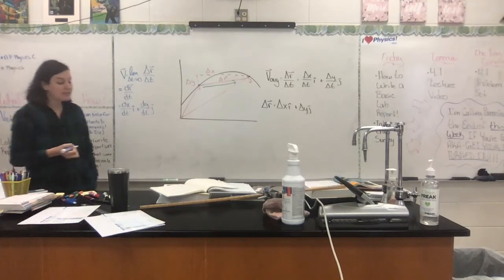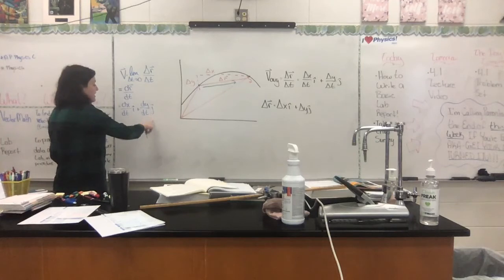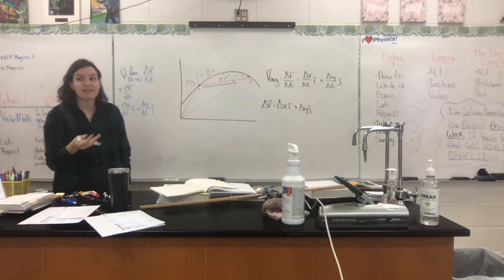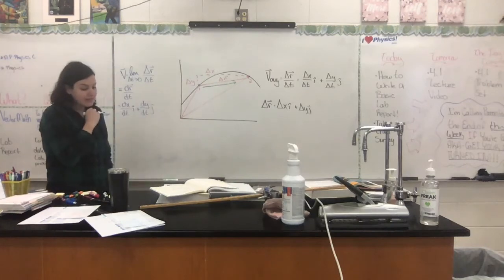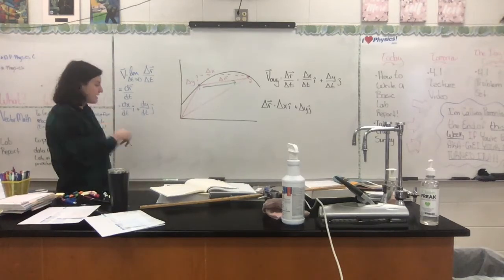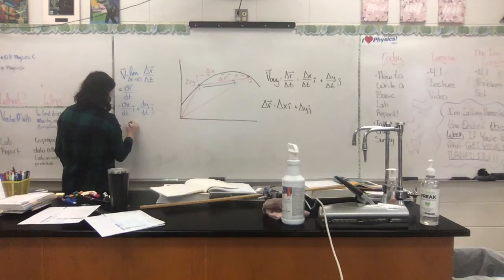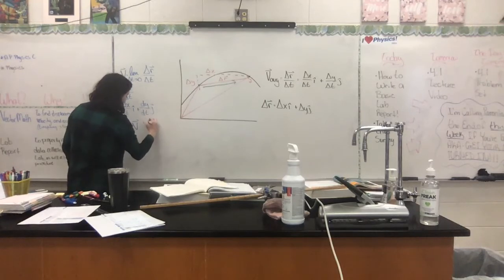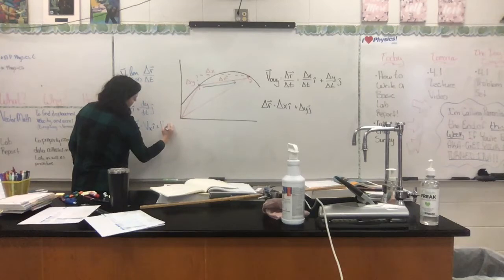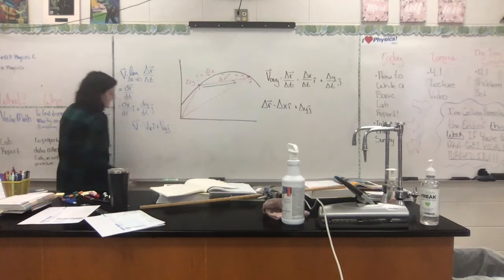Now remember once again that these i hats and j hats are just another way of saying that this is in the x or the y direction, okay? Now, if we put this all together, what we eventually get is just that v, that instantaneous velocity, is equal to the velocity in the x direction plus the velocity in the y direction.